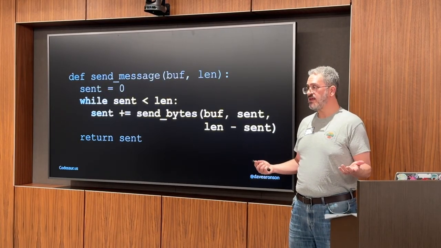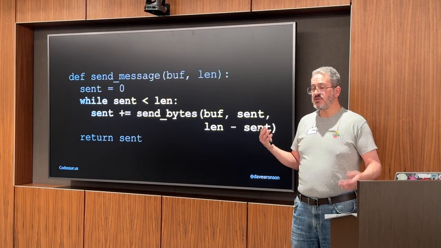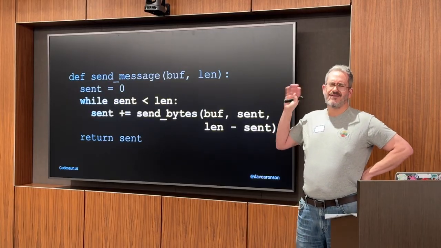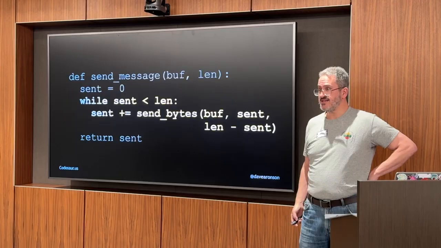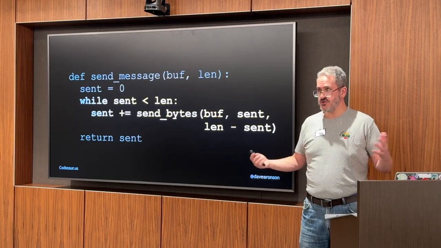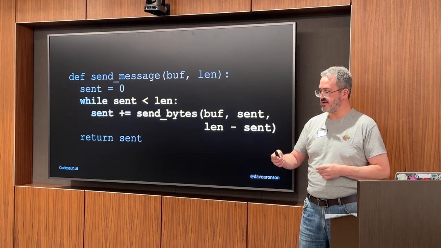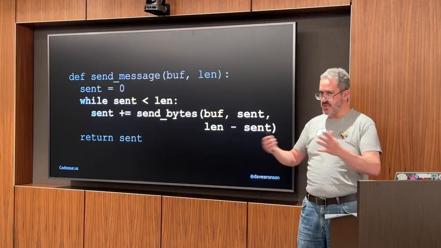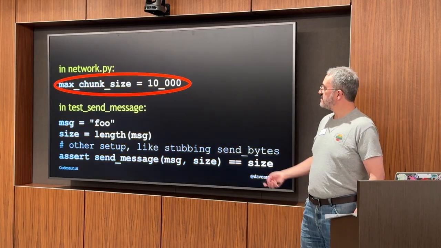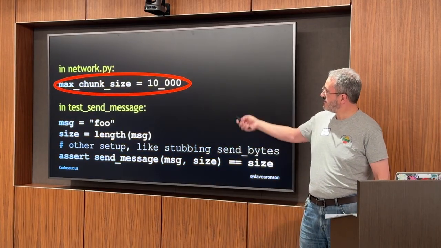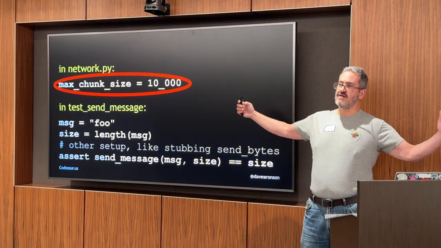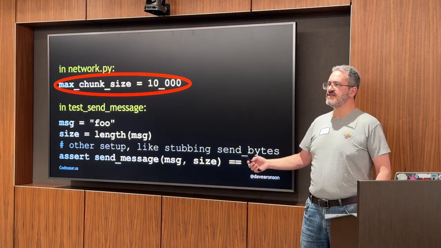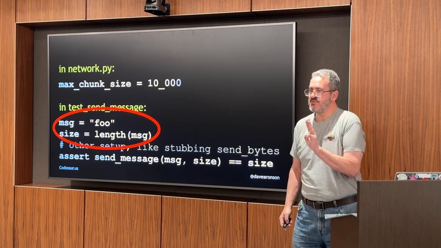The most likely is that we simply forgot or didn't bother. And the obvious fix in that case is to deliberately do so. Send a message bigger than our chunk size. For instance, we have here a maximum chunk size of 10,000 bytes, and yet we're only testing within a 3-byte message.